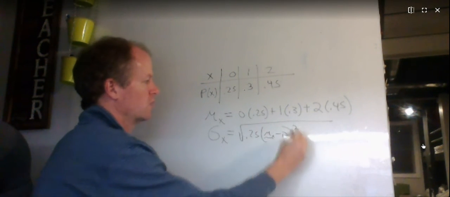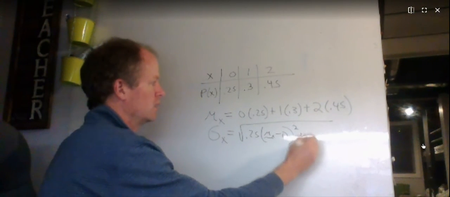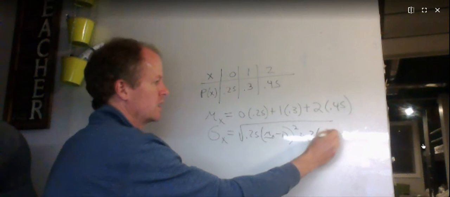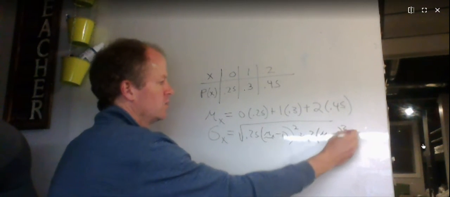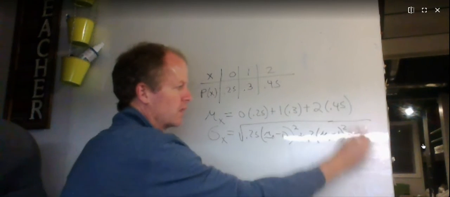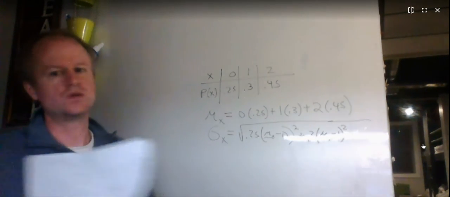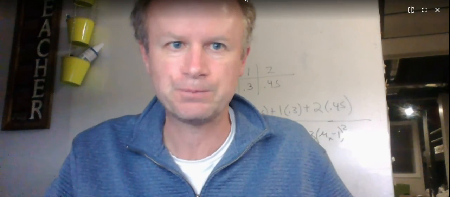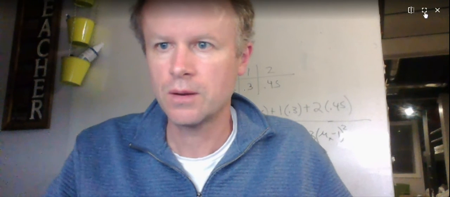The first one was 0, plus 0.3 times the mean minus 1, squared, plus the third one. So you should make sure you know how to do the mean and the standard deviation of a probability distribution. All right.